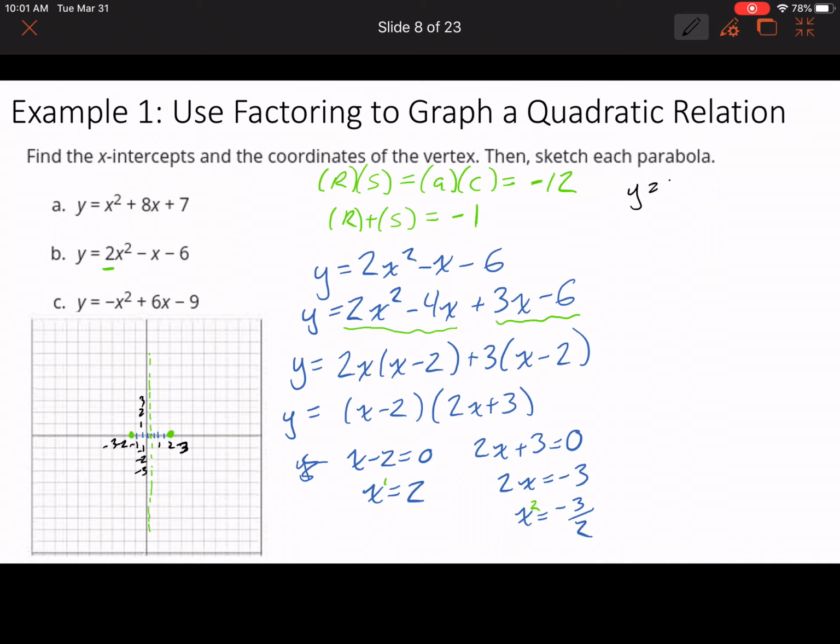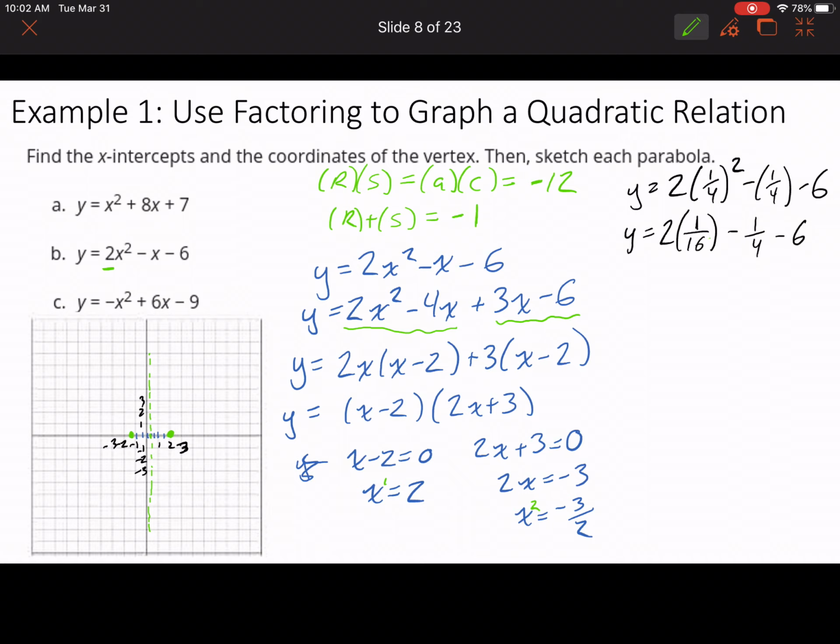y equals 2 times 1/4 squared minus 1/4 minus 6. Remember, we're squaring the top and squaring the bottom. So 1 squared is 1, 4 squared is 16, minus 1/4 minus 6.